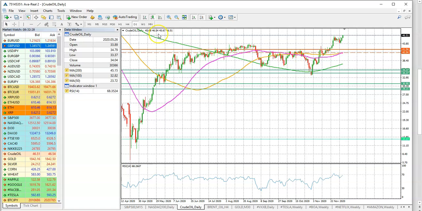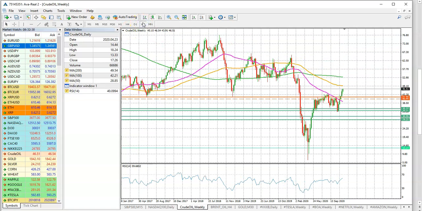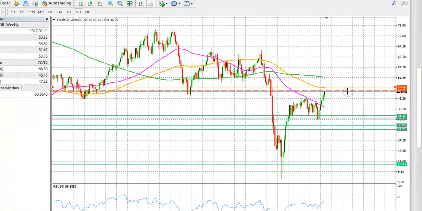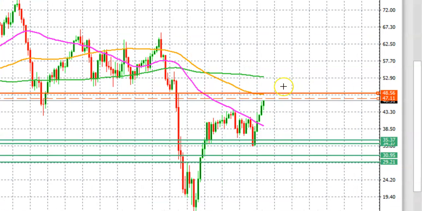What we see is that we have to go into our weekly time frame to find our next resistance zone. For me, the next resistance zone on the weekly time frame is that area near the 48 price level, just around over here.